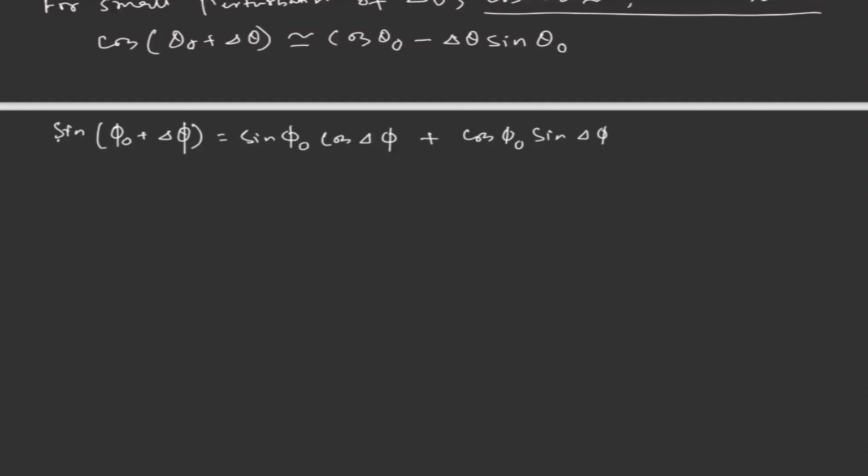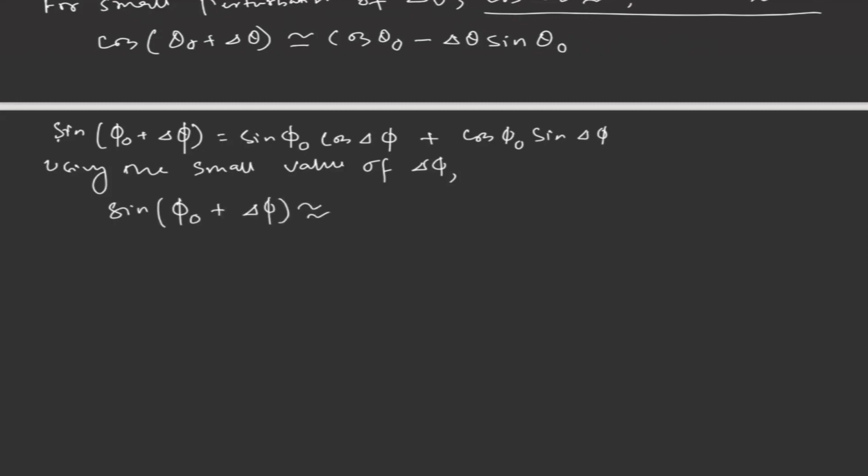If we apply the same small value of delta phi, we can write sine phi naught plus delta phi as equivalent to sine phi naught plus cos phi naught delta phi.